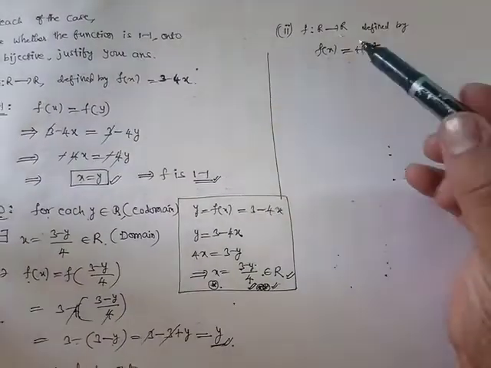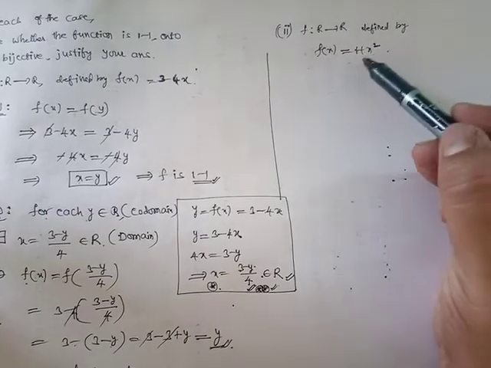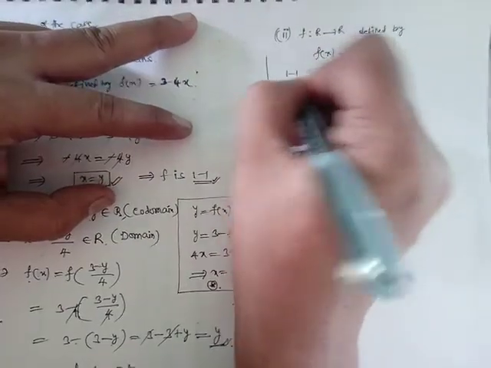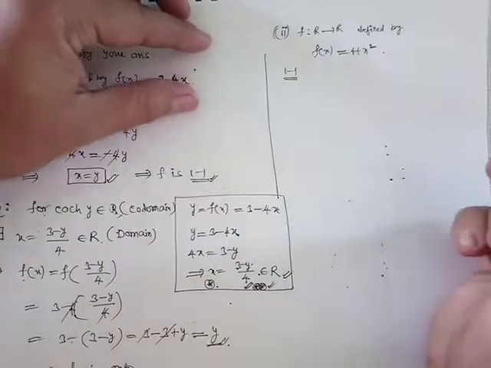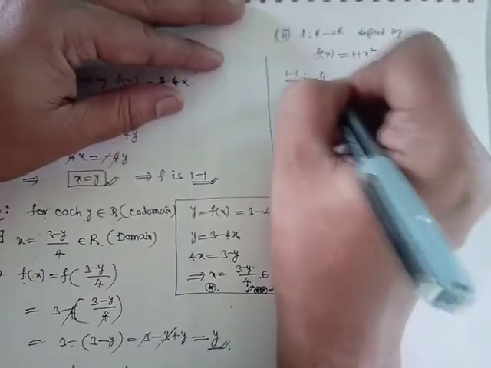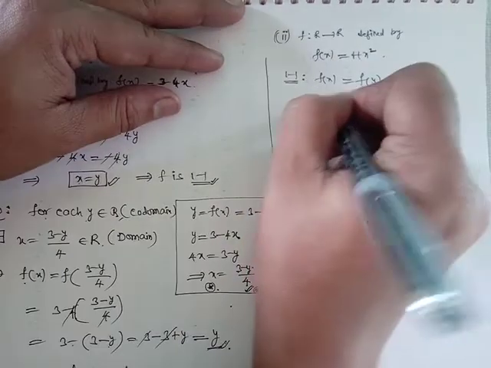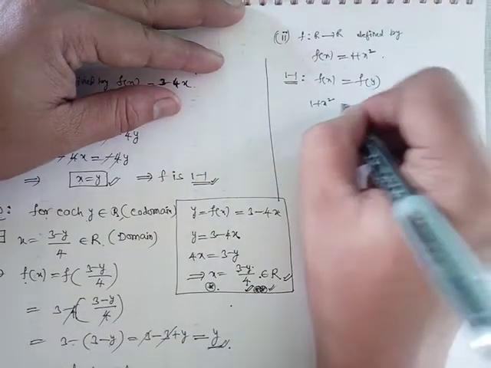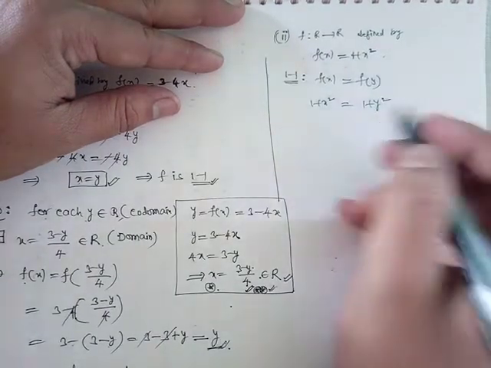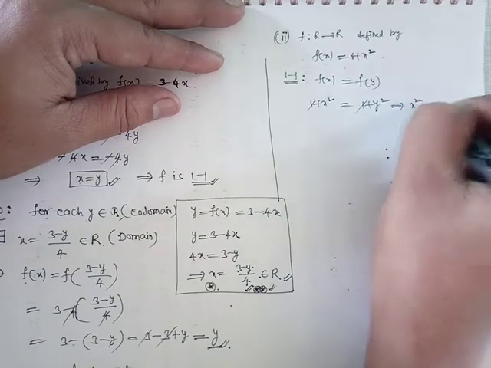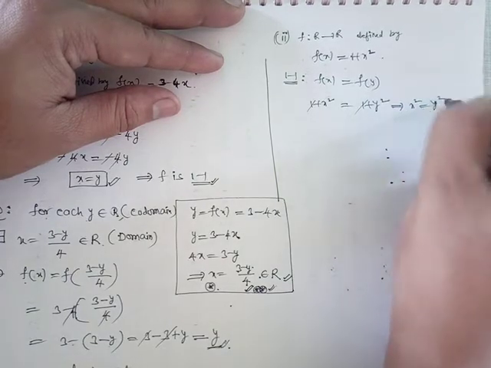f is a mapping from R to R defined by f(x) = 1 + x². Check whether it is 1-1 and onto. For 1-1, check f(x) = f(y). So 1 + x² = 1 + y². The 1 and 1 cancel, so x² = y².